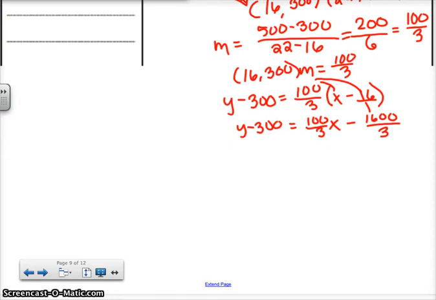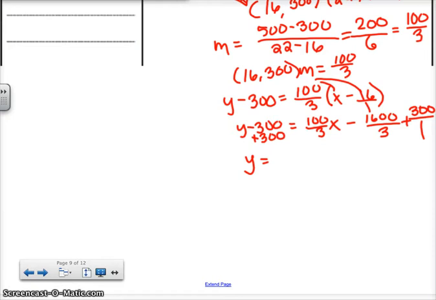Get y alone, so I'm going to move my 300. Y equals, so show that we're going to add 300, add 300. This is 300 over 1.